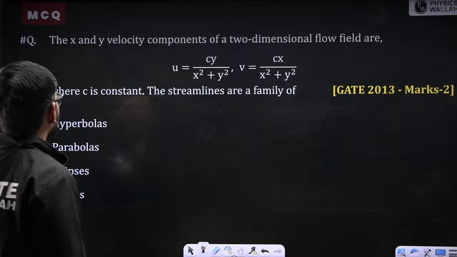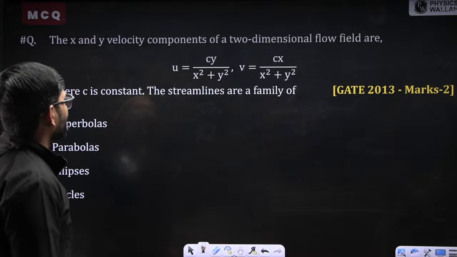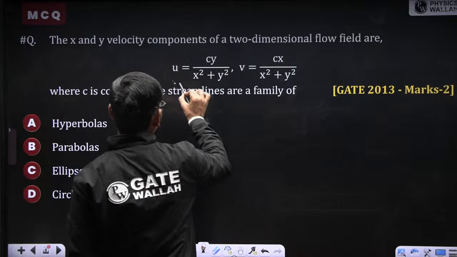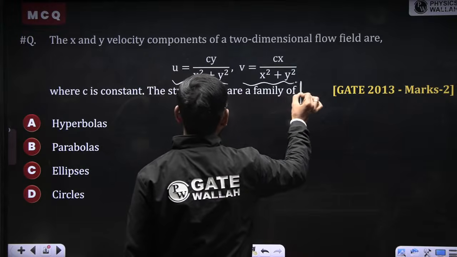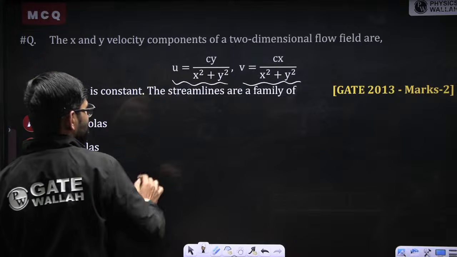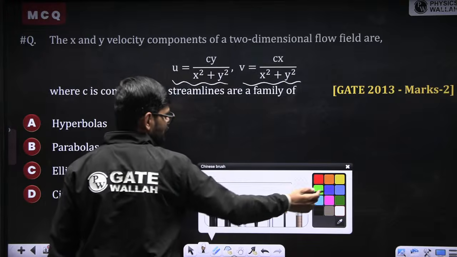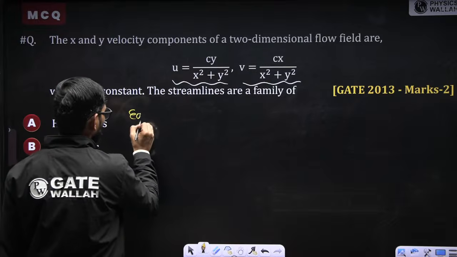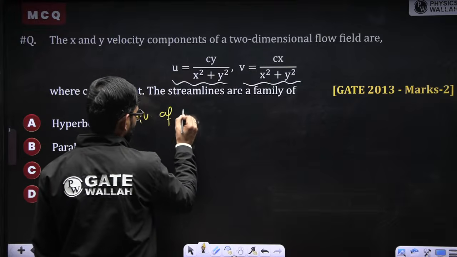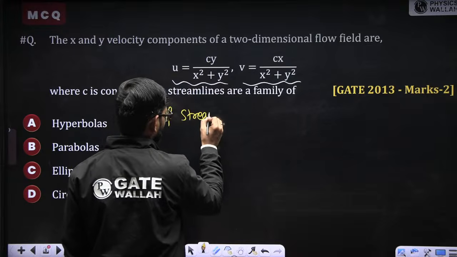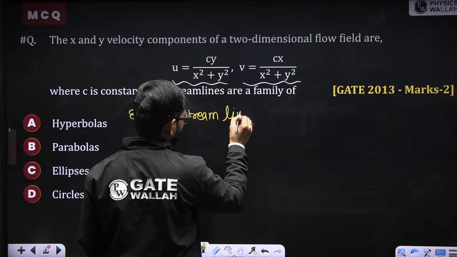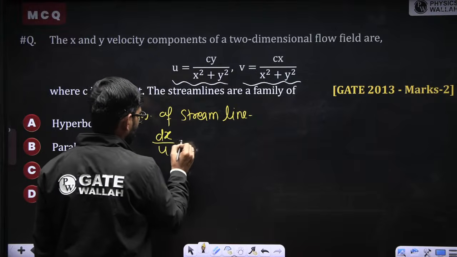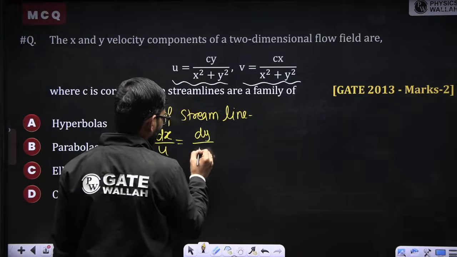So the x and y components of a two-dimensional flow: the u value is given, and the v value is also given. Find the streamline equation. The equation of streamline is nothing but dx by u is equal to dy by v.